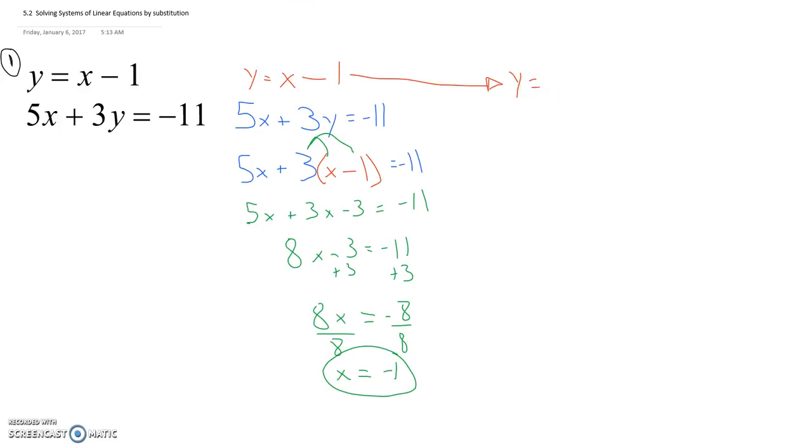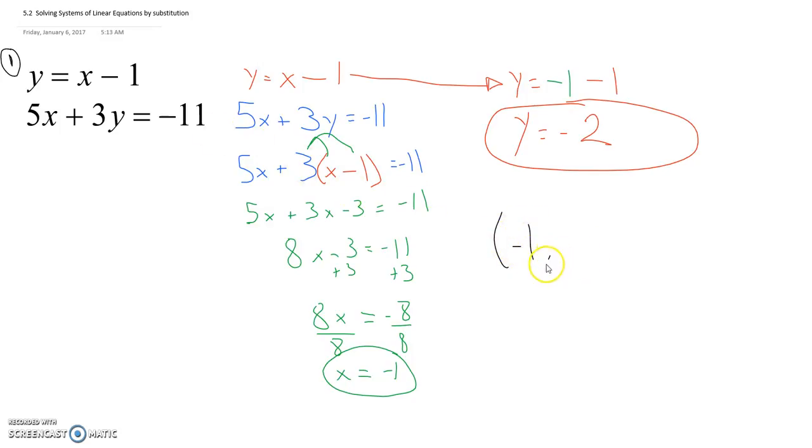y is equal to negative 1 minus 1. Solving that is just combining like terms, and I get y is equal to negative 2. And now that I have my two answers, I'm going to say my final solution is x always goes first, negative 1, and then y goes second, negative 2.